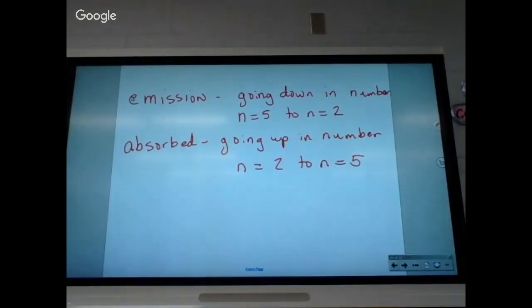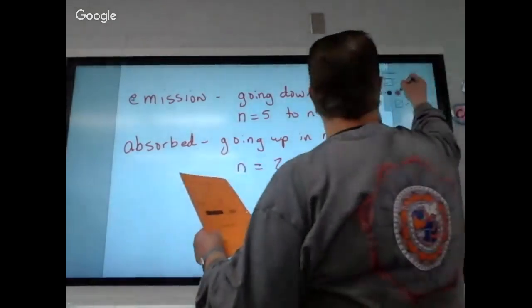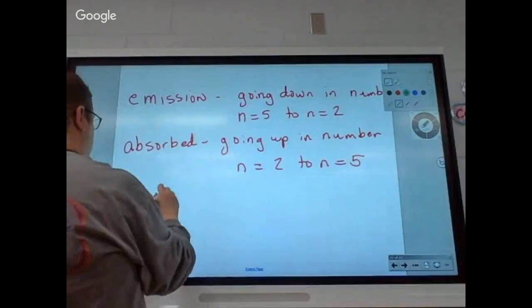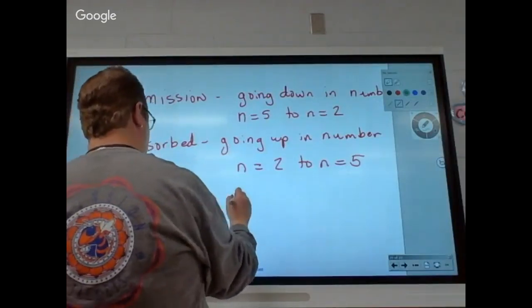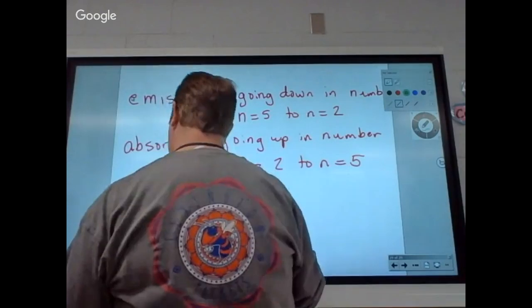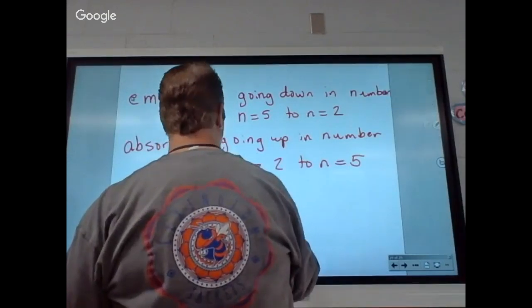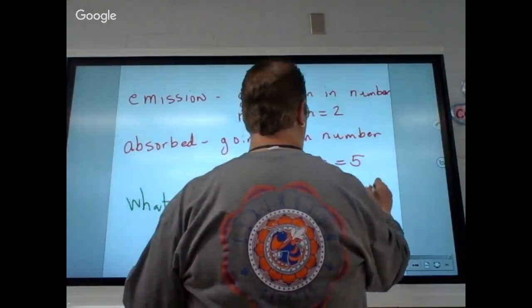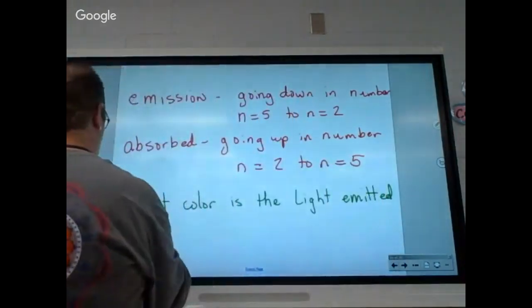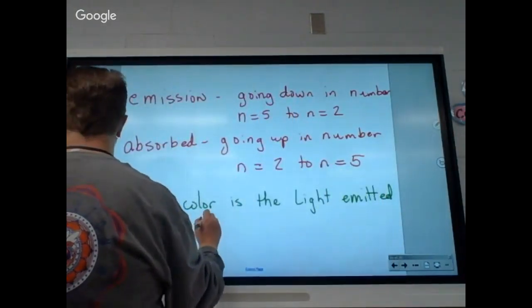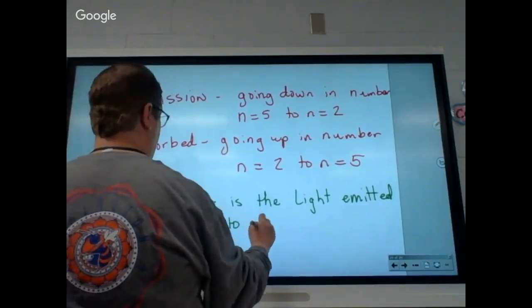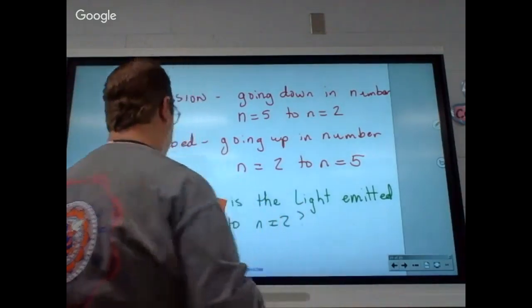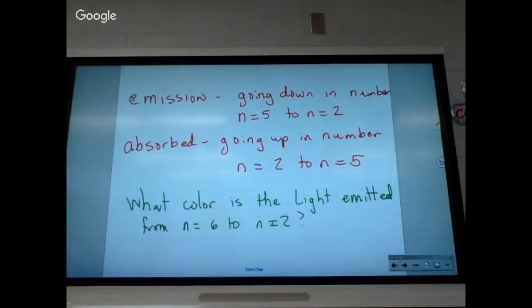Let's say I want to know what color is the light emitted from n equals 6 to n equals 2. All right, let's say that's our question. Write it down because I'm going to change to the Bohr model and pull it up. What color is the light emitted from n equals 6 to n equals 2?